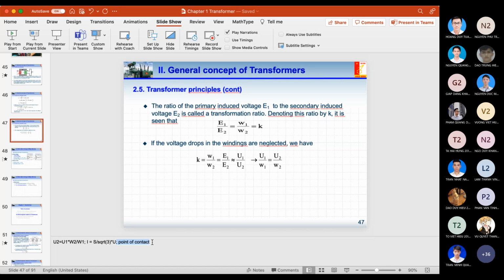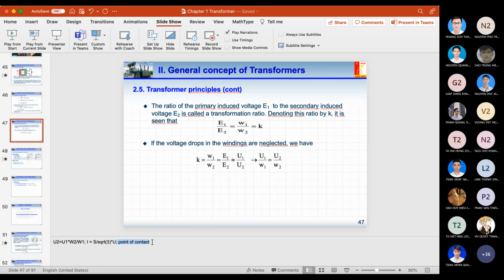So by keeping in mind these two points, we can repeat this idea in the future. If you go back more than 10 years, even 20 years, to my generation, we had to use very old-fashioned transformers.